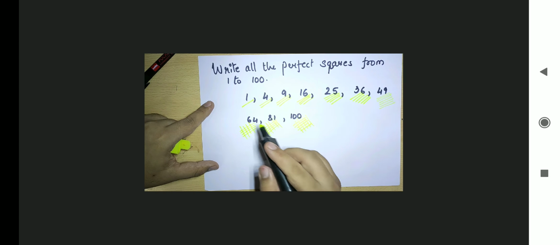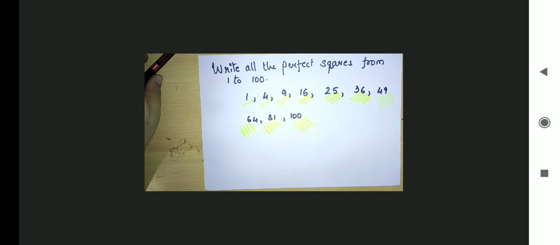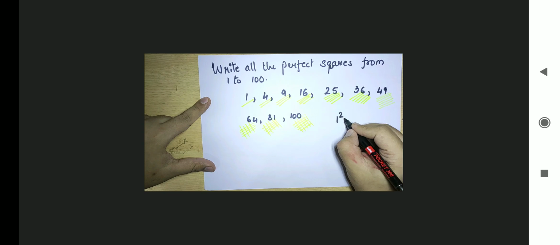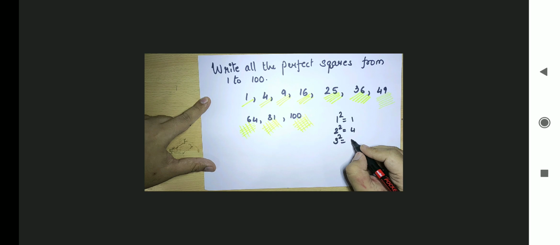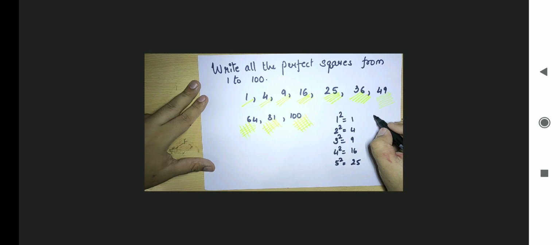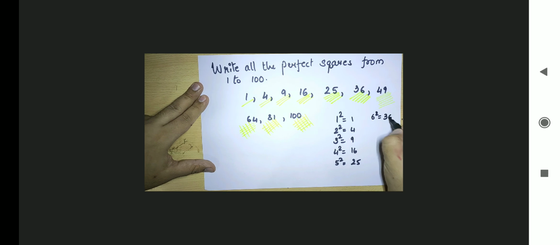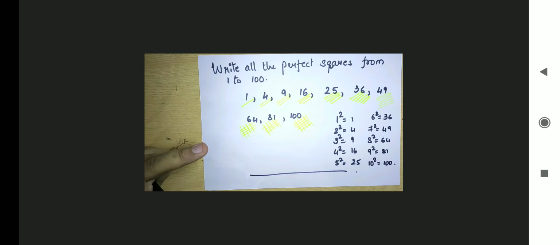So we can write down 1 square is 1, 2 square is 4, and so on.